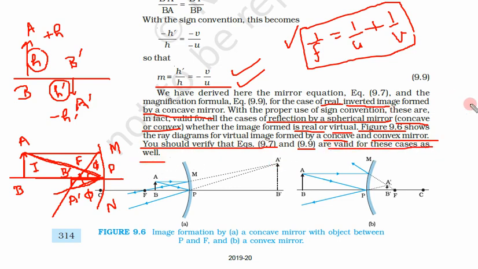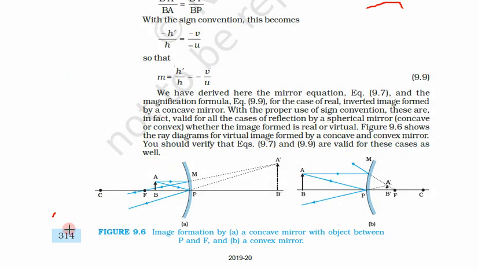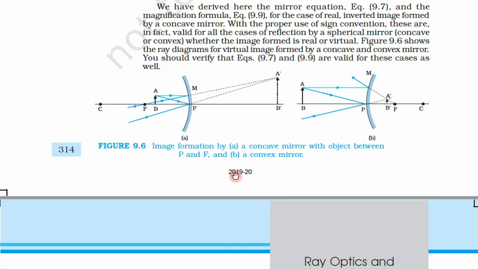This is an exercise for you. So now we have learned the mirror equation and the magnification formula. Magnification is negative means the image is inverted, as we have seen in the case of this concave mirror. So please try to solve for these two cases.